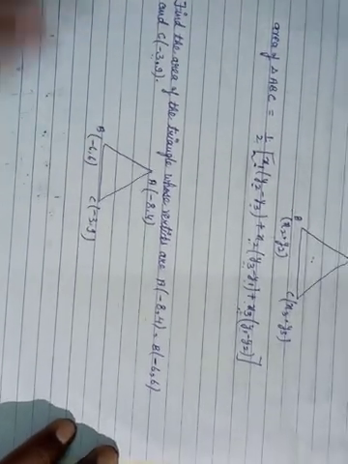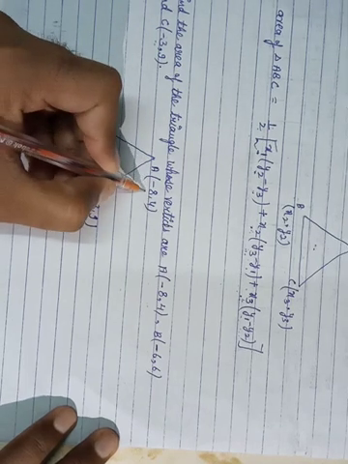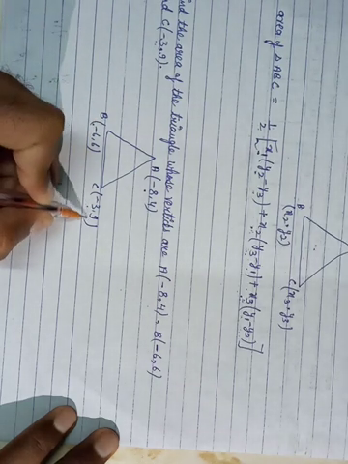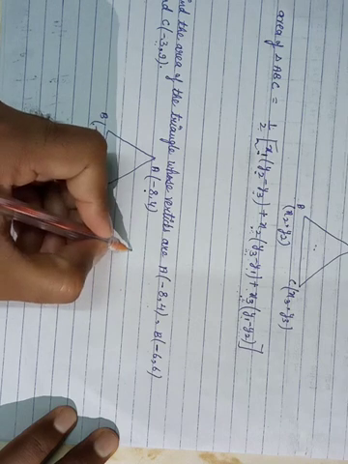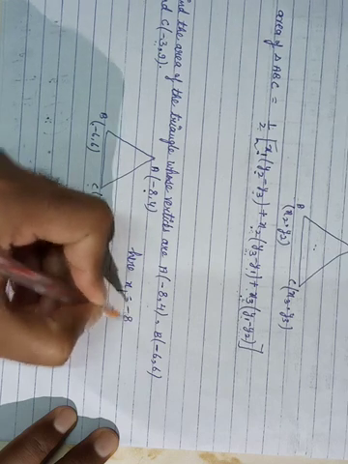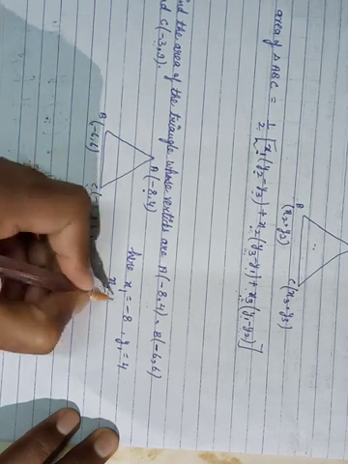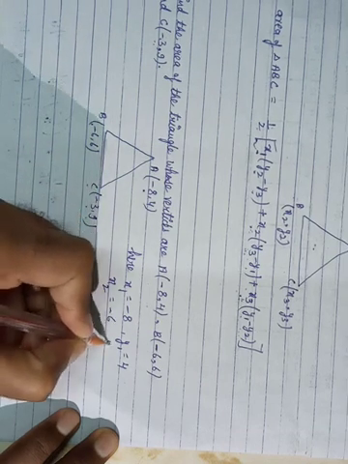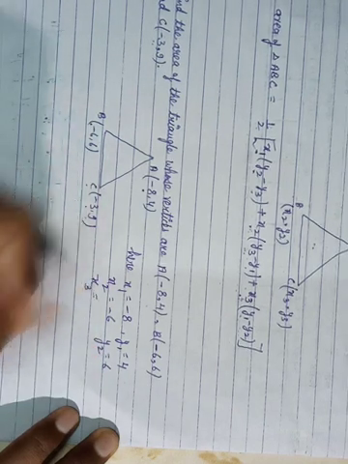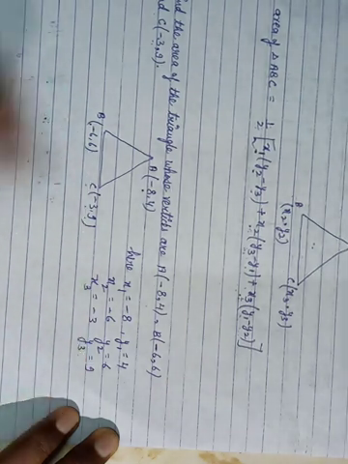You can see here, let's assume that x1, y1 is the coordinate of point A, x2, y2 is the coordinate of B, and x3, y3 is the coordinate of C. So we will write here x1 = -8, y1 = 4, x2 = -6, y2 = 6, x3 = -3 and y3 = 9.